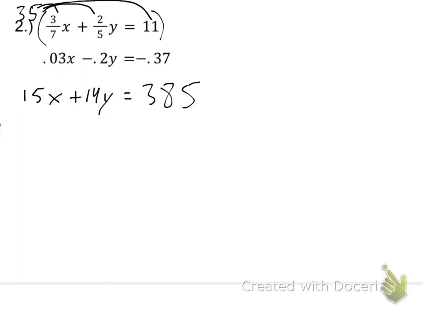Next equation, guys. That's an interesting one. Because it's not fractions, is it? No. It's decimals. And if I want to get rid of a decimal, I'm going to have to use the fact that there's a special number, guys, that when I multiply or divide by it, it moves a decimal to the left or right.